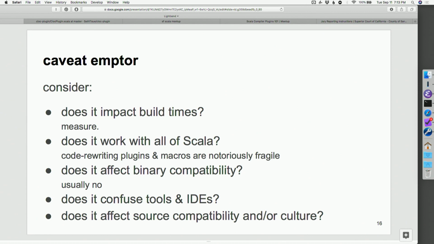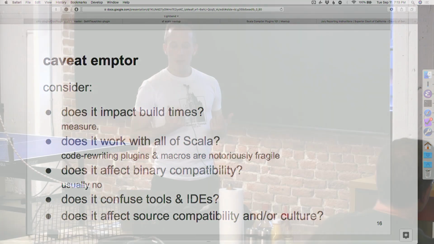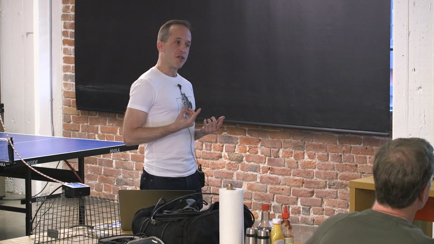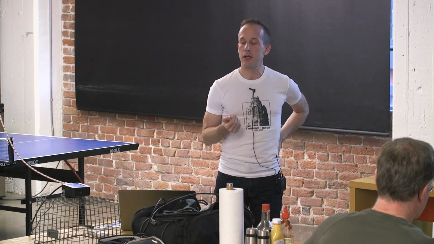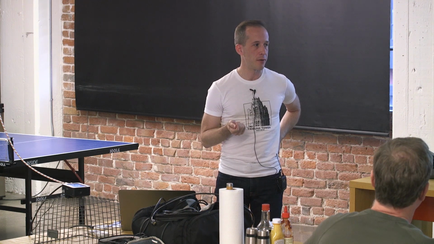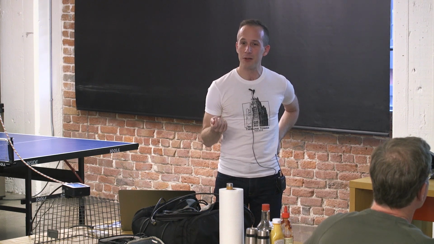This is very common with macros as well. JetBrains does offer an API that lets macro authors and plugin authors extend IntelliJ to understand these language extensions, but it's relatively rare that people actually do the work of using that API to add support.